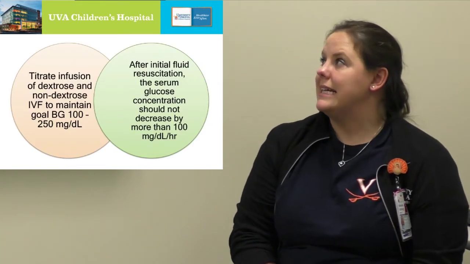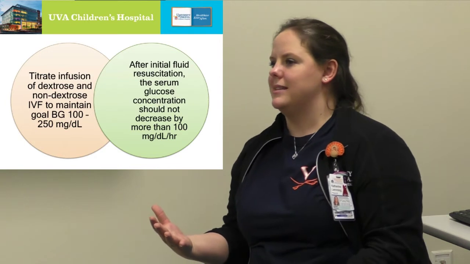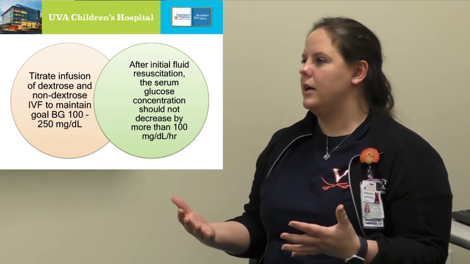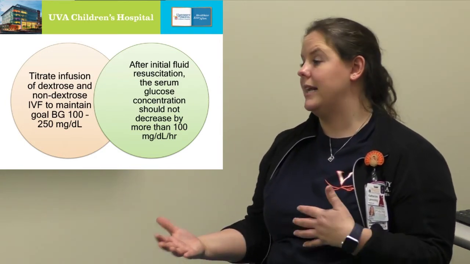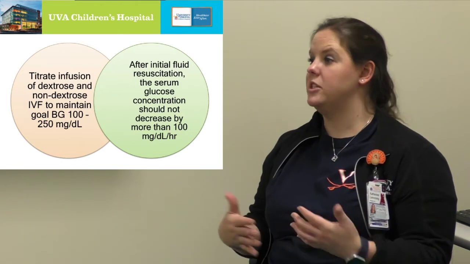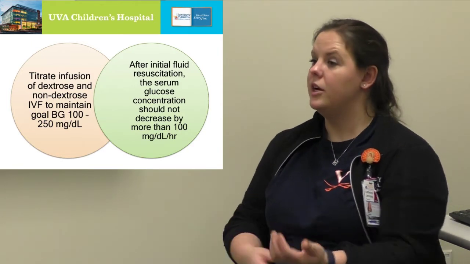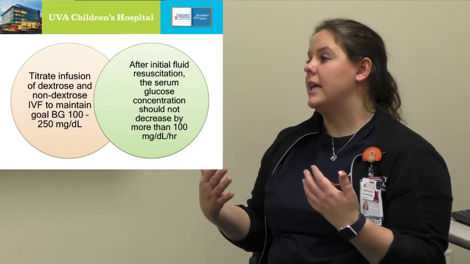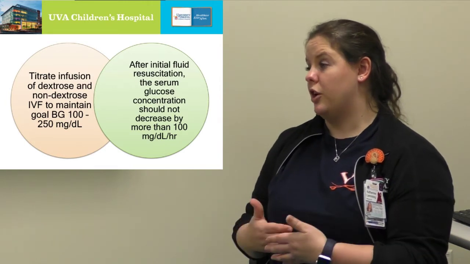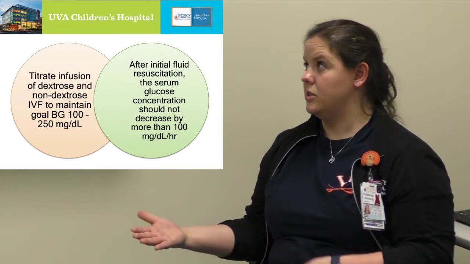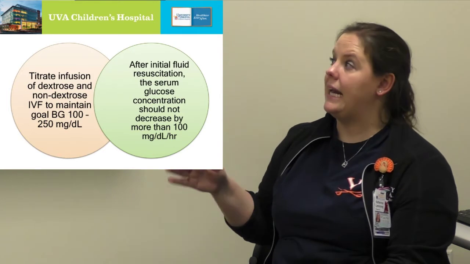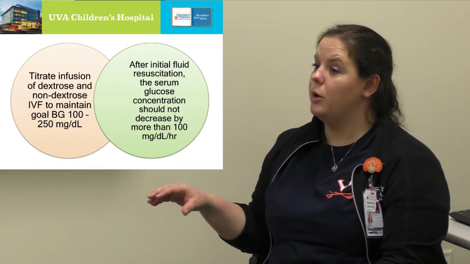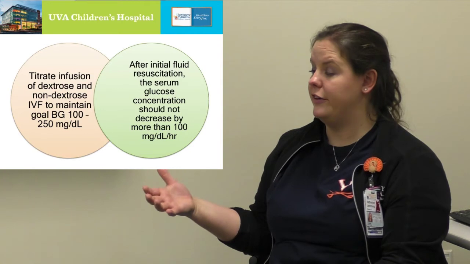So here, the key thing about the 2-bag system is that it gives an individual rate of dextrose, and it allows you to titrate based on what the patient's blood glucose is. As we said before, the hyperglycemia is going to resolve before the acidosis does. So we want to target a goal blood glucose somewhere between 100 and 250.